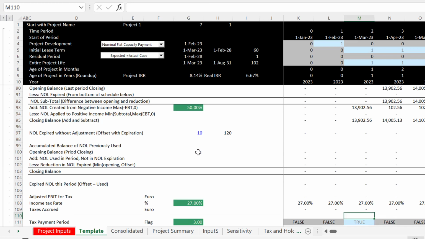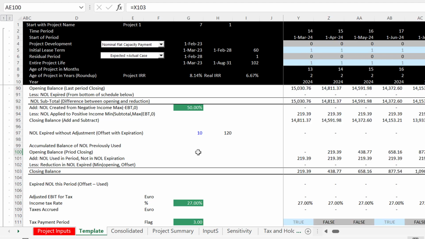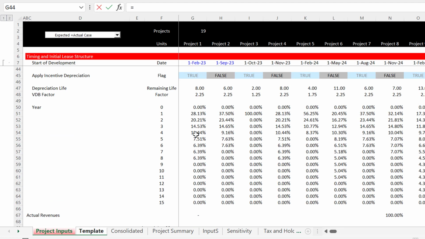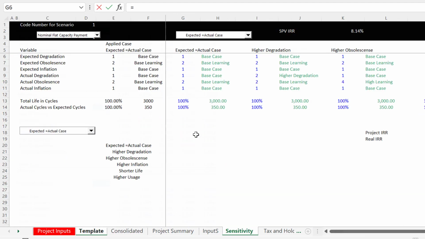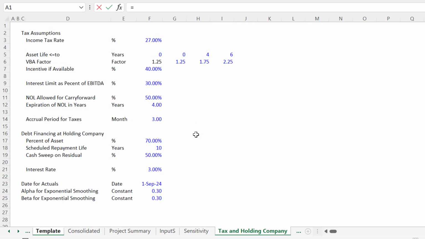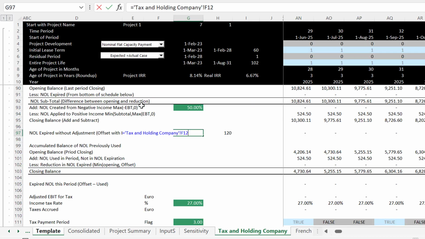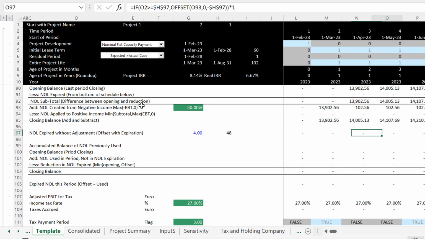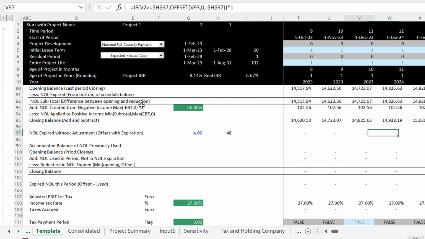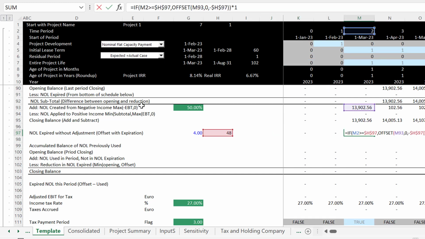And then I'm going to just skip over this because I've redone the expiration of the NOL. And look at this. I put a really big, long expiration date and did something really bad, at least our generic macros caught that. So if we do it for 48 months, we can't just do an offset to take the NOL.